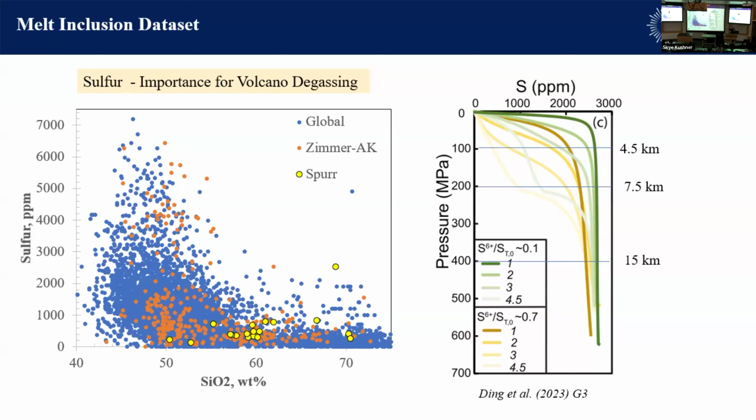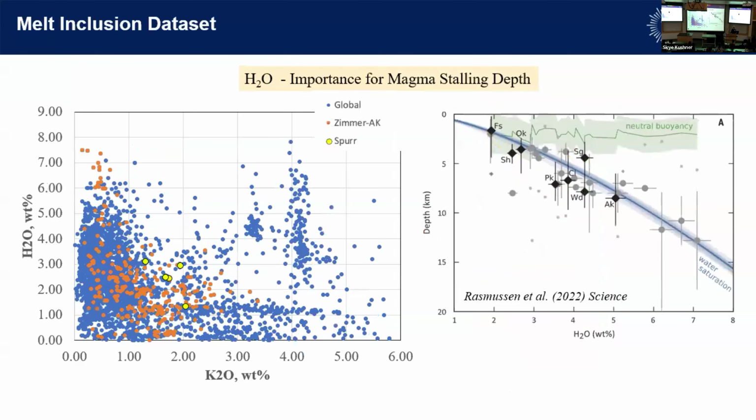And then, of course, the initial sulfur content will determine, along with water and fO2, as Echo showed, through sulfur X, where sulfur is going to degas as magma rises. And that's clearly important to the gas data that we measure prior to eruptions. Water is super important. Here's all the water data.